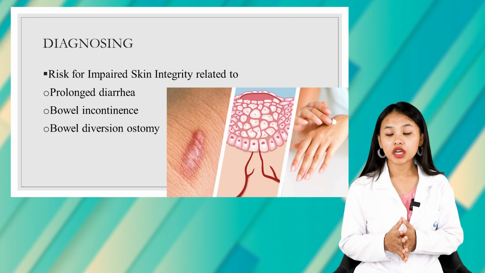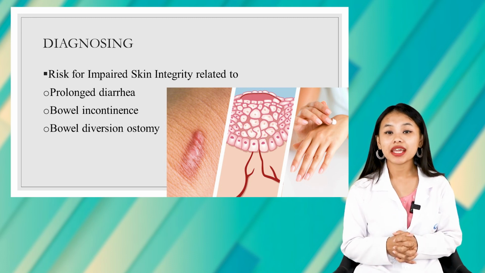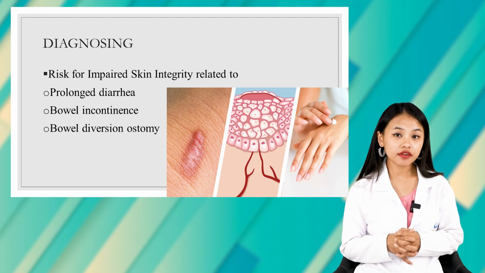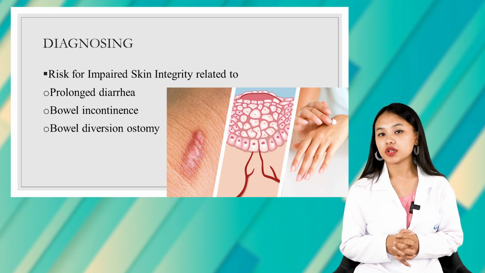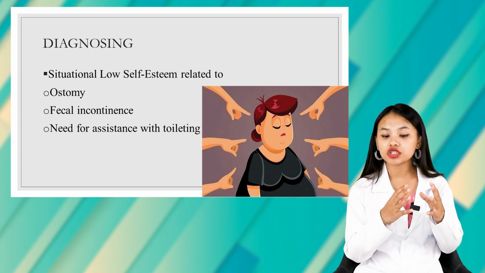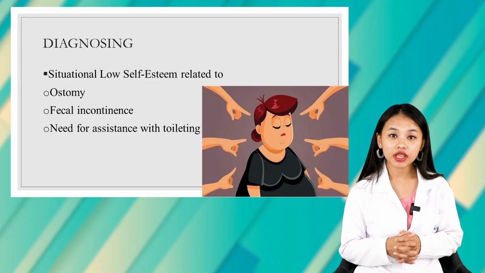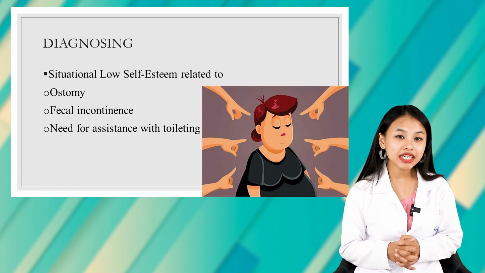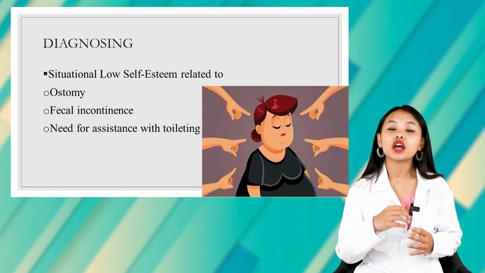The second can be risk for impaired skin integrity, which can be related to prolonged diarrhea, to the presence of bowel incontinence, or even because of the bowel diversion ostomy. The third can be situational low self-esteem, which can be related to ostomy, to fecal incontinence, or even to the need for assistance while toileting.